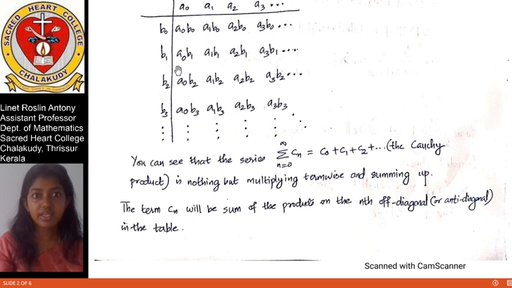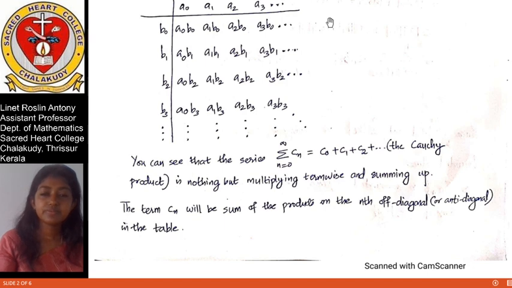C1 will be A0 B1 plus A1 B0. C2 will be A0 B2 plus A1 B1 plus A2 B0. C3 will be this off diagonal, adding all those terms. C4 will be the next off diagonal, like that. So each term will be the sum of the products along the nth off diagonal or anti-diagonal in the table.